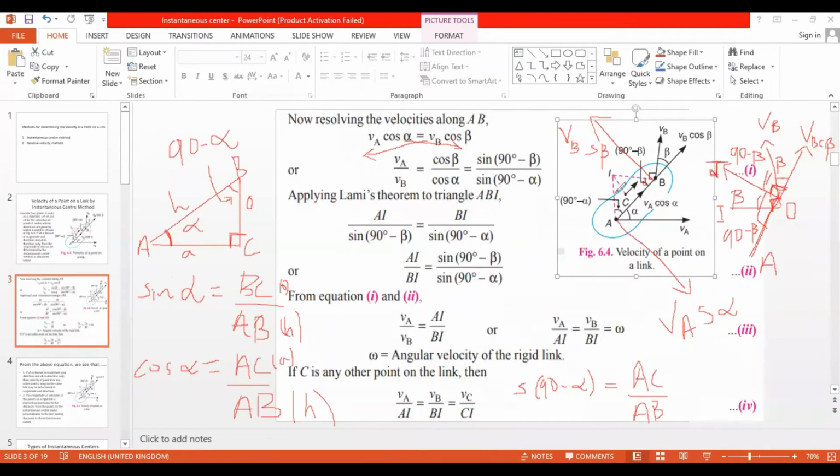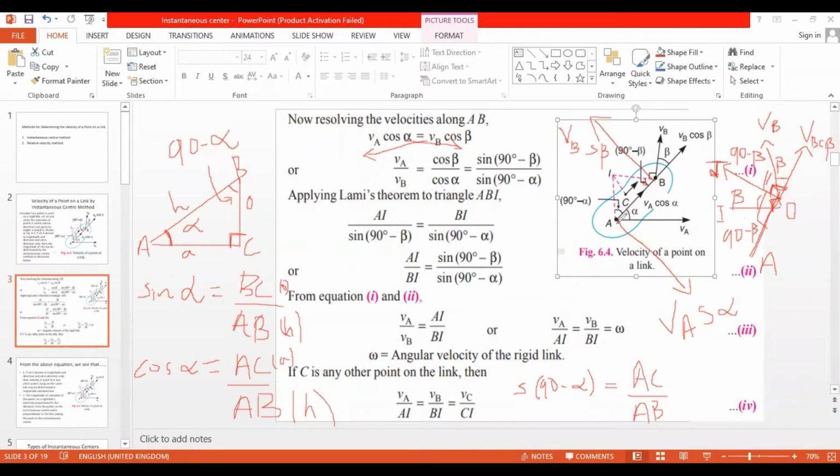So AI upon sine of this angle, that is ABI, will be equal to BI upon sine of the angle opposite to that, that is BAI, will be equal to AB upon sine of the angle opposite to that, that is AIB. So this is our Lami's theorem.